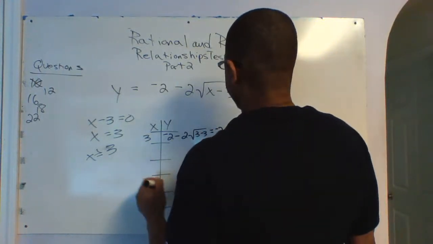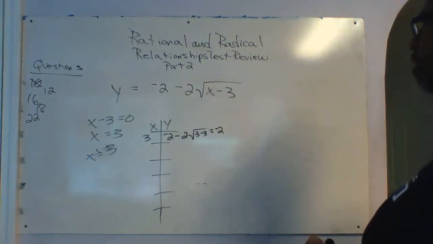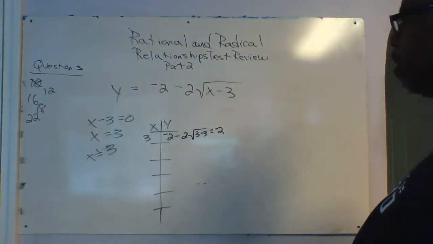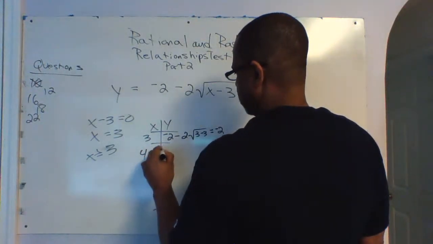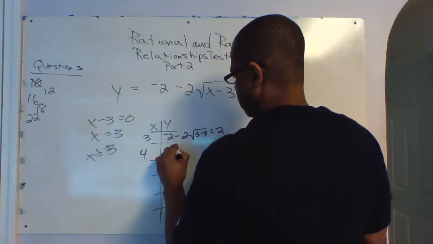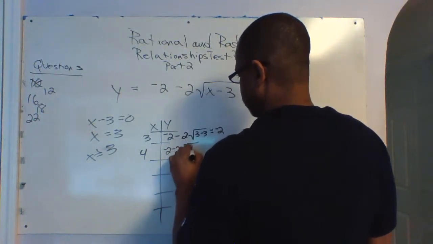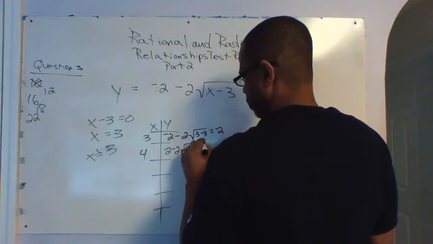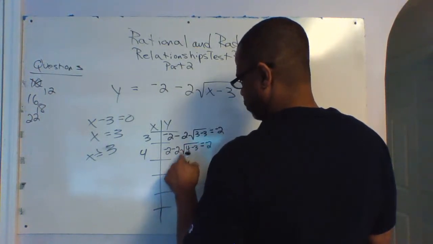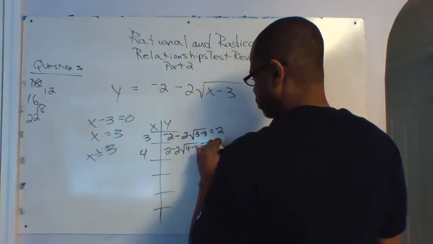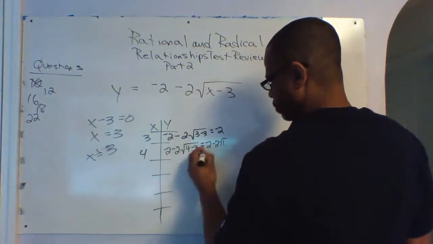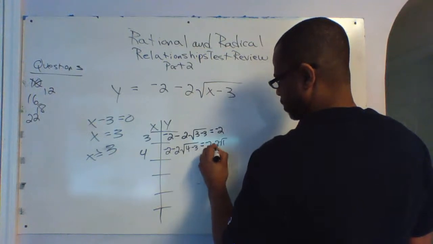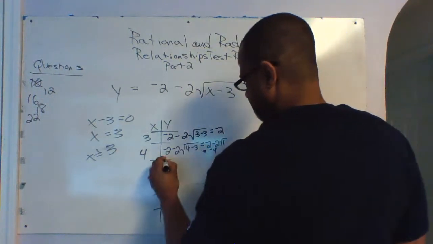All right, so now what can I do to make this a perfect square? Can I use 2? No. Can I use 4? If I do 4, that's -2 minus 2 times the square root of 4 minus 3, so that'll be -2 minus 2 times the square root of 1, which is just going to give us -4.